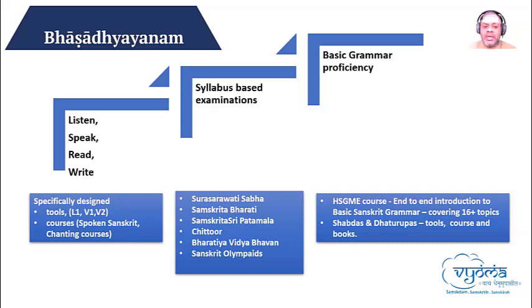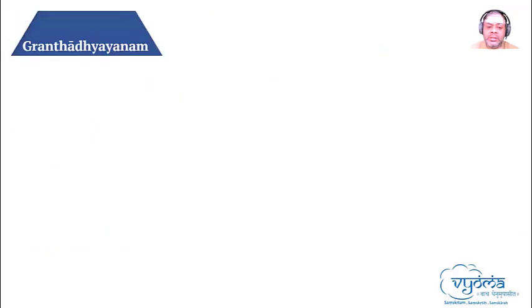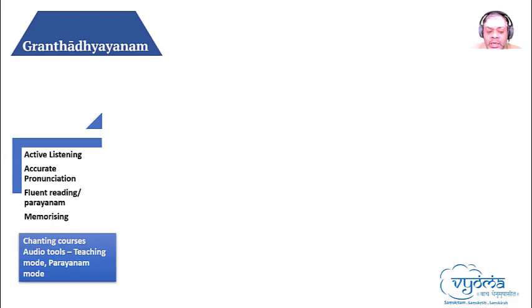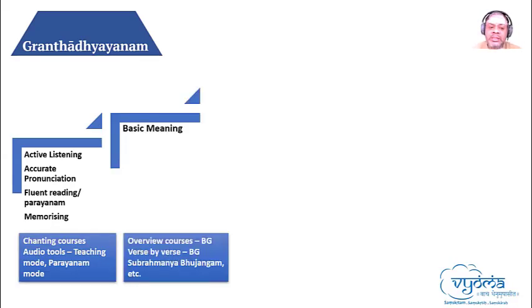So the objective at the Bhasha Adhyanam level is to understand the language thoroughly and to make sure we construct error-free sentences. That is the objective of the Bhasha Adhyanam stage. The next is the Grantha Adhyanam stage, wherein how do you look at the text? The first stage will be active listening, accurate pronunciation, fluent reading, memorizing.